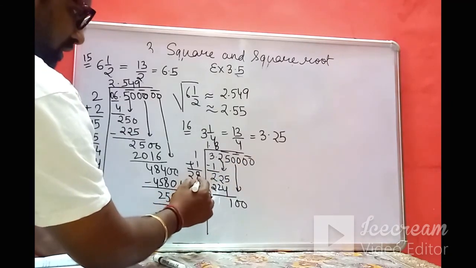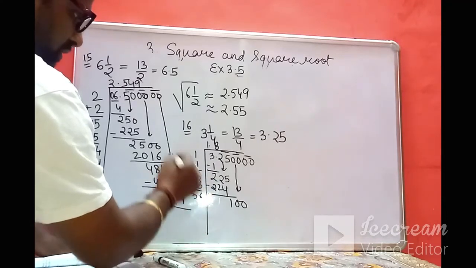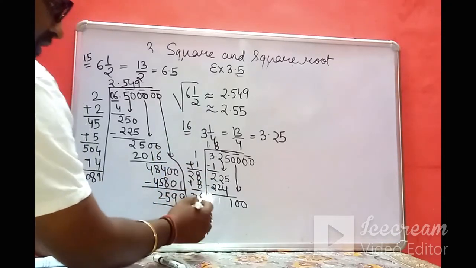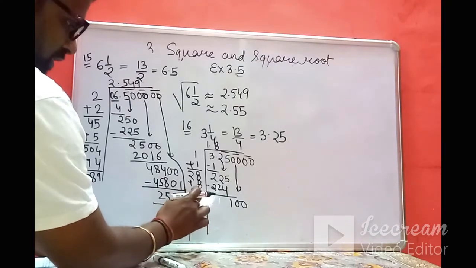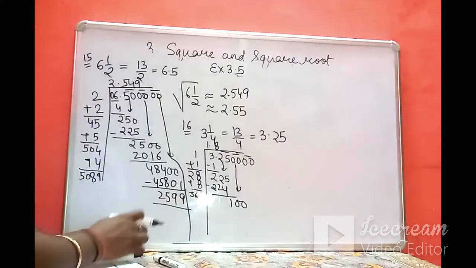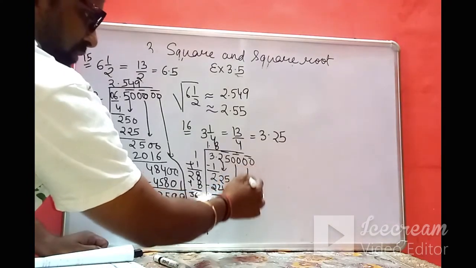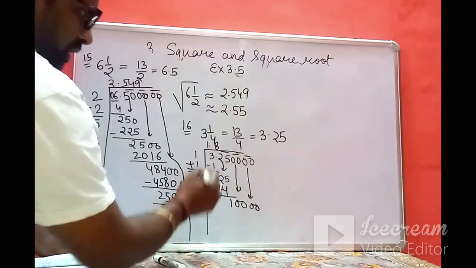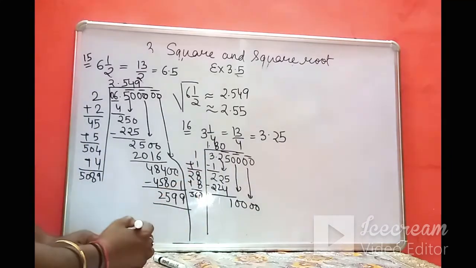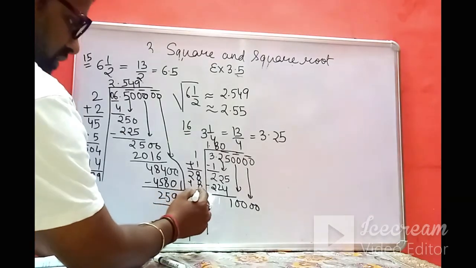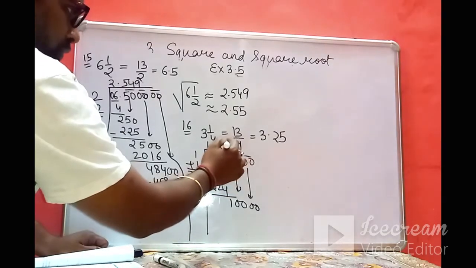So it is 8, that is 36. Now see, if you put 1 here, so it becomes 361, which is more than this. So I will bring down one more pair and I will put a 0 here and one more 0 here. Okay, then we will use 2.